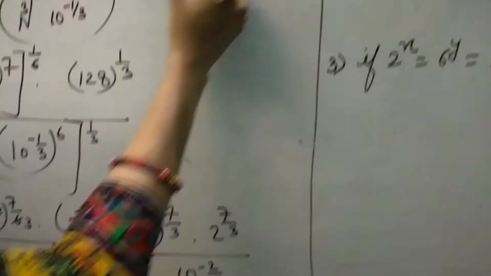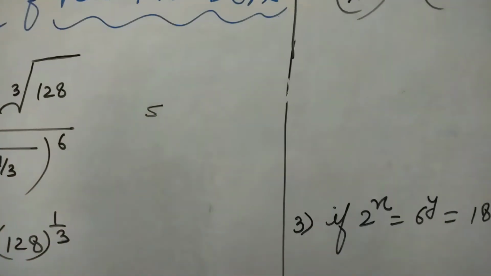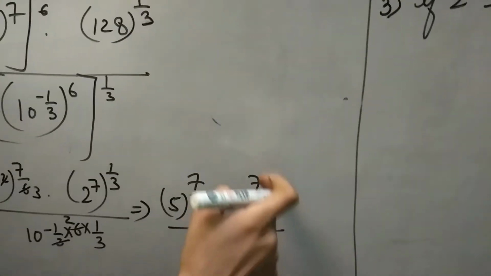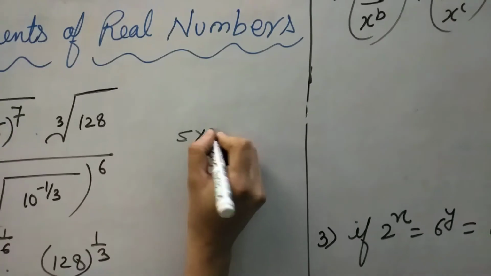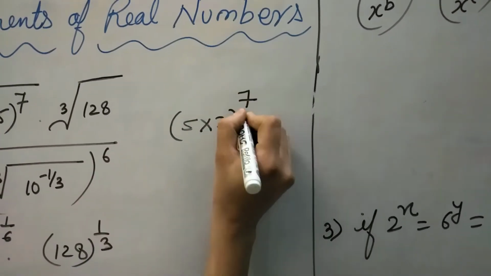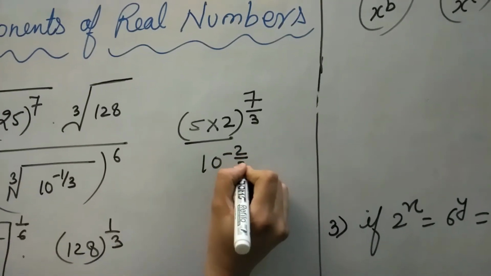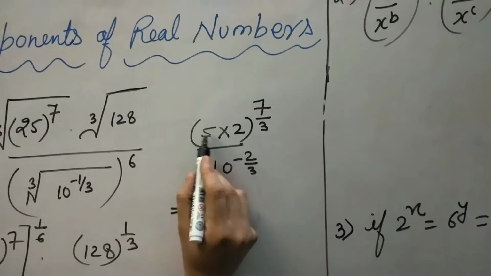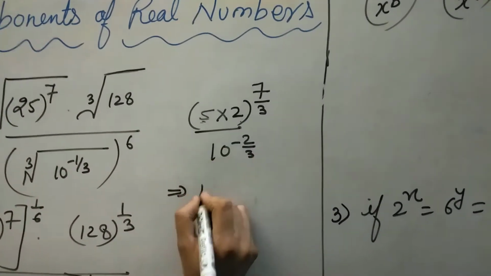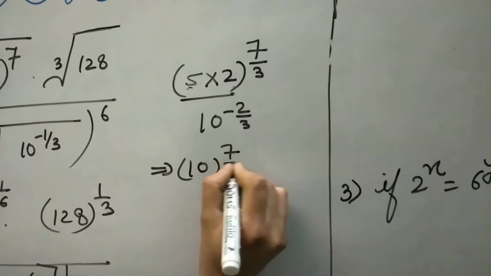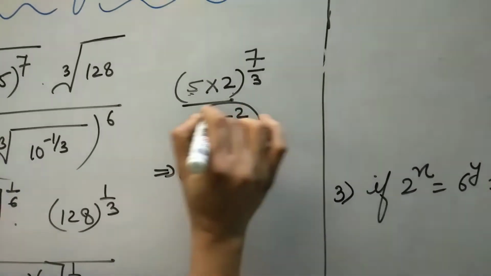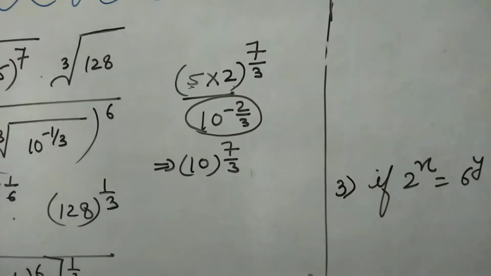Now we can write 5 multiplied by 2, whole power 7/3, upon 10 to the power minus 2/3. Solving the numerator, 5 twos are 10, so 10 to the power 7/3. Now in the denominator we have 10 raised to the power minus 2/3.